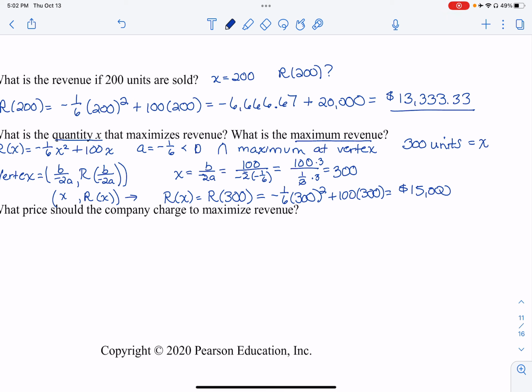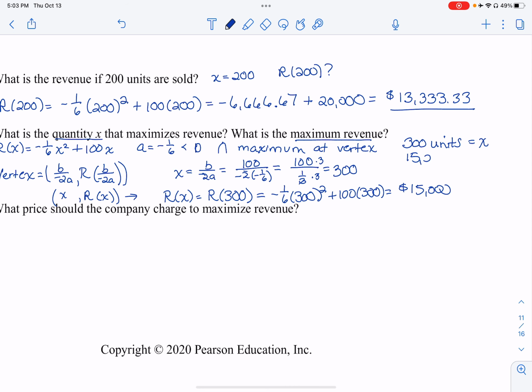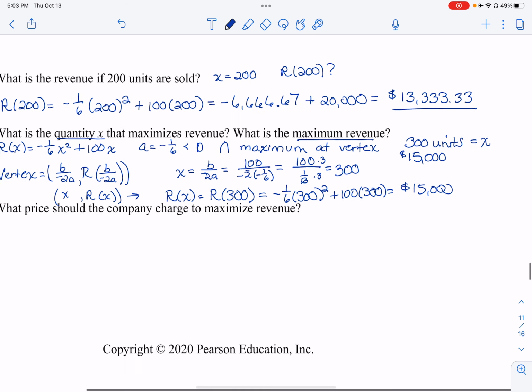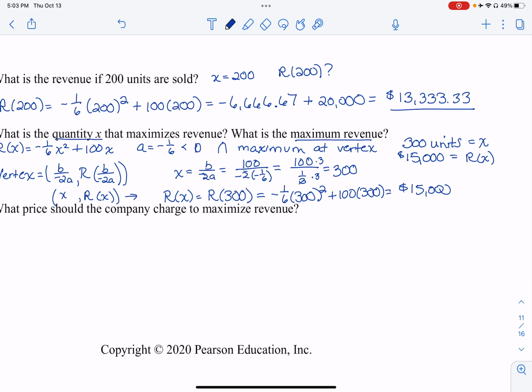In reality, you don't really have a dollar come out of there. We can put the units on if we want to. So we have a max of 300 units at $15,000 is our R of X for max.